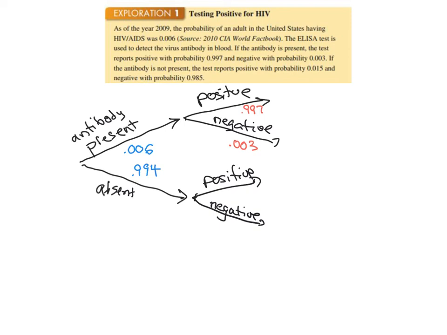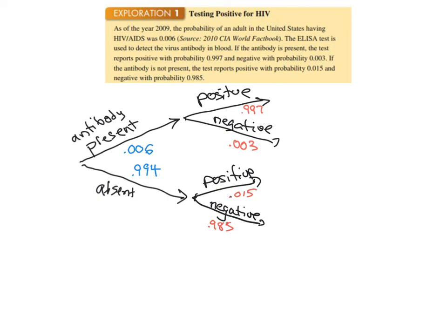The information further tells us that if the antibody is not present, which is the lower branch, the test reports positive with a probability of 0.0015, and reports negative with a probability of 0.985. This is all as expected. If the antibody is present, you want a positive result most of the time, and if it's not present, you want a negative result most of the time.